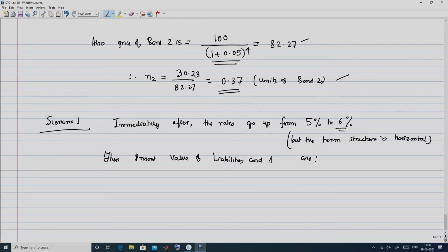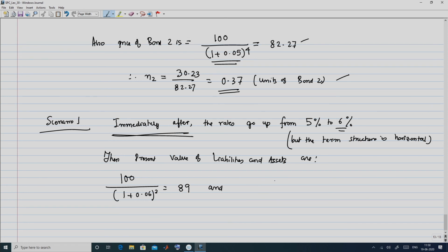What was your liability? Your liability was 100 and, since it is an immediate change in the interest rate, its present value is going to be 100 divided by 1 plus 0.06 squared, because the interest rate now is 0.06, and this is equal to 89.